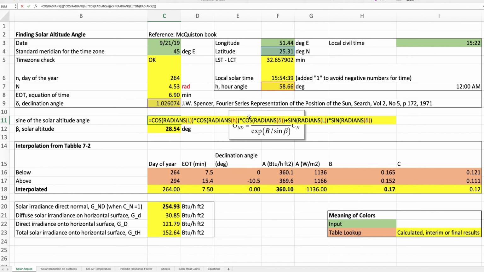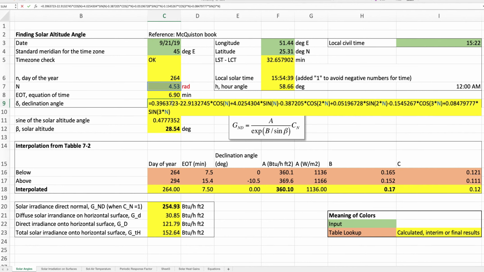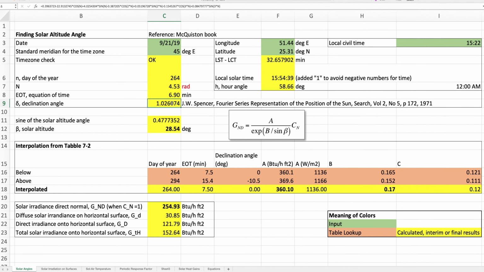Delta is the declination angle of the sun, which here I calculate using this equation. Of course, you have another option, which is to use the value you find from the table 7-2 lookup. In this spreadsheet, I chose to use the calculation that I've done here.